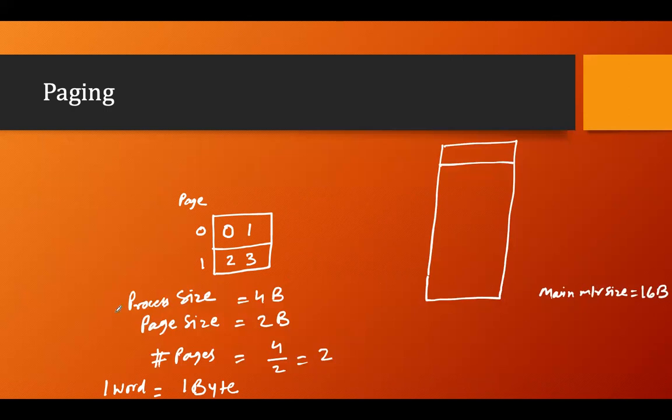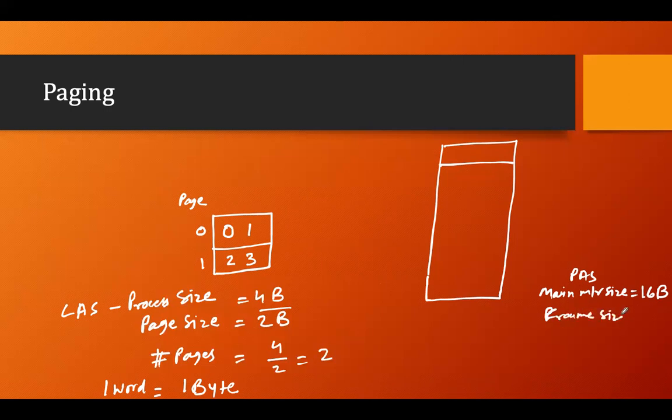Now here you see, what is this? This is the logical address space. Logical address space is 4 bytes. Here, the physical address space is how many bytes? 16 bytes. Now, what will be the frame size?